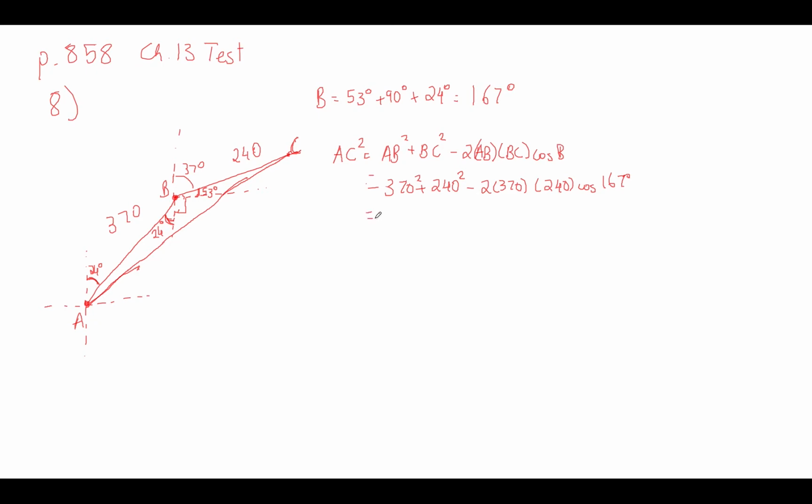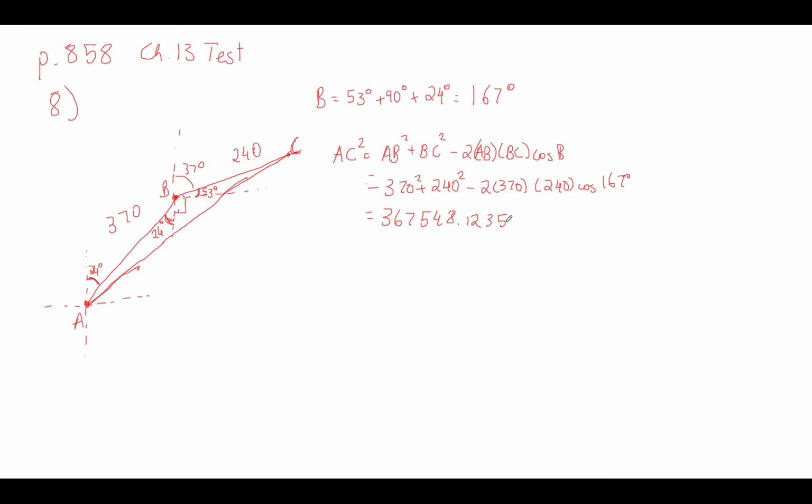So if I type all of that into my calculator, I'll do 370 squared plus 240 squared minus 2 times 370 times 240 times cosine 167. And that gives me 367548.1235. And again, I'm not rounding intermediately.